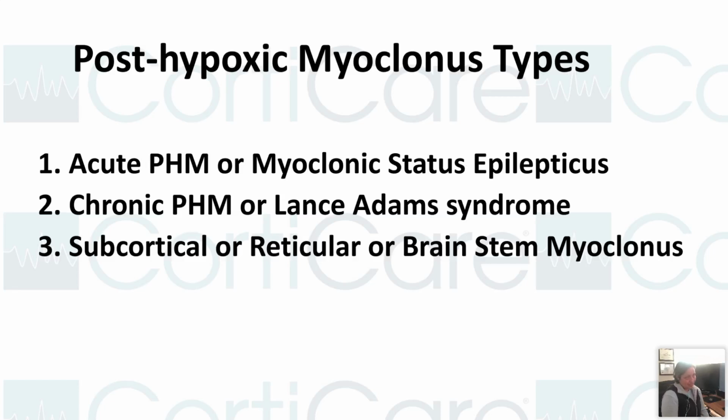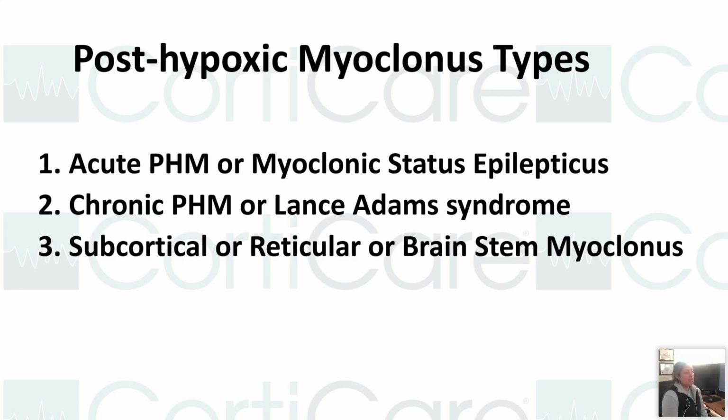There are 3 different types. One is acute, that you see immediately after cardiac arrest, within a couple of hours of cardiac arrest. It's also named as myoclonic status epilepticus. Then we have chronic post-hypoxic myoclonus, or the other name is Lance-Adams syndrome. This appears days and weeks after the cardiac arrest.